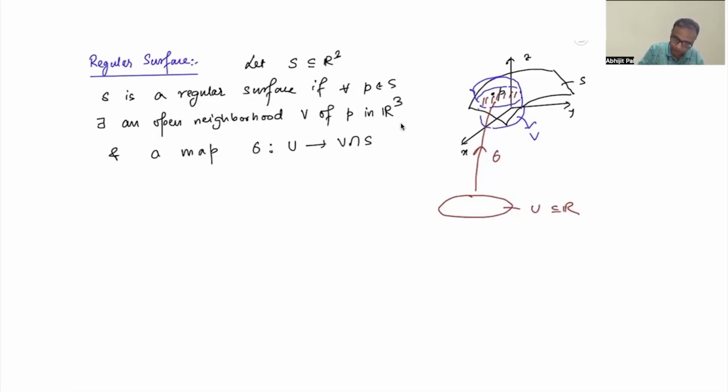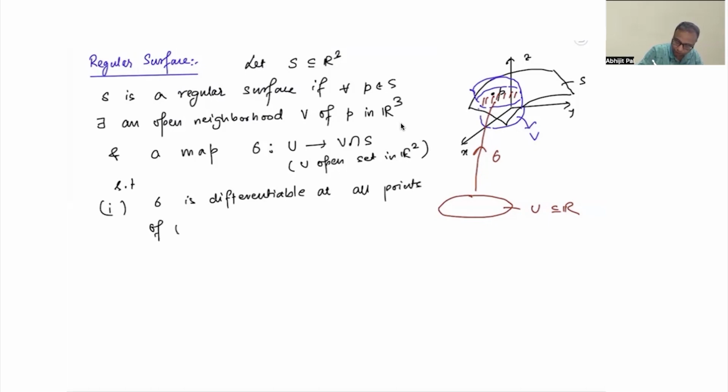So a map sigma such that, this U is an open set in R2, such that this sigma is differentiable at all points of U. Second, sigma is a homeomorphism onto its image.